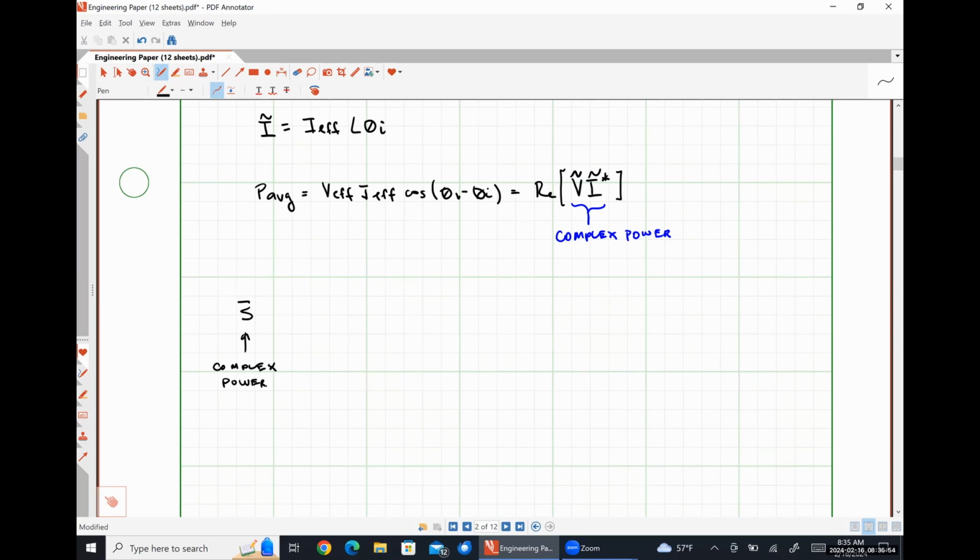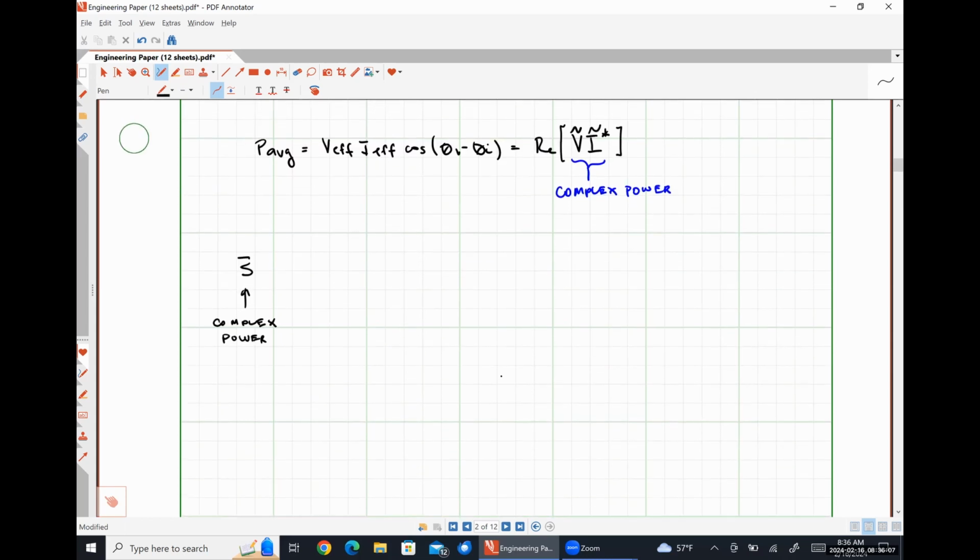Because engineers are so lazy and boring, we made up the unit of the volt ampere. That is the unit of complex power. So instead of saying a volt times an amp is a watt, we now say a volt times an amp is a volt amp when we're dealing with a complex power system. So here is our unit, the volt ampere. Okay.